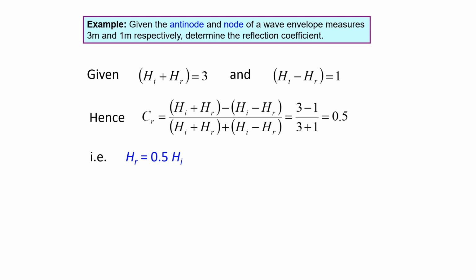We found that the antinode equals 3 meters and the node equals 1 meter. Using the equation for the reflection coefficient, antinode minus node over antinode plus node, we get 0.5, which means that the reflected wave height is half of the incident wave height.